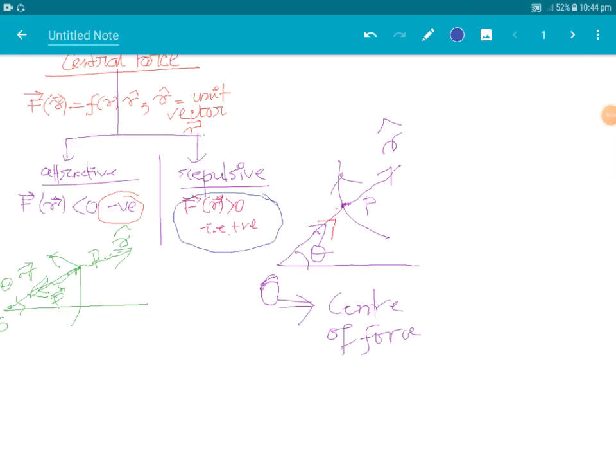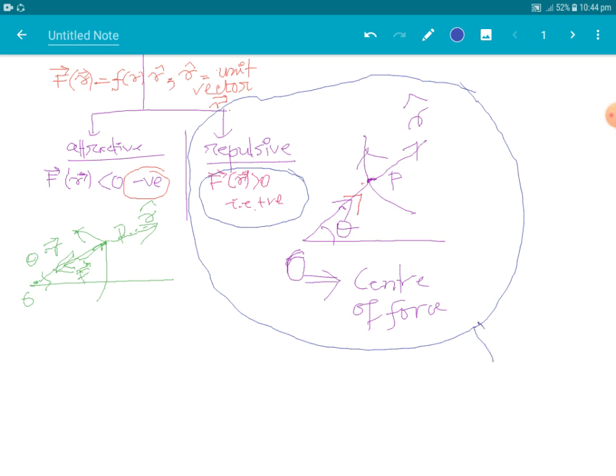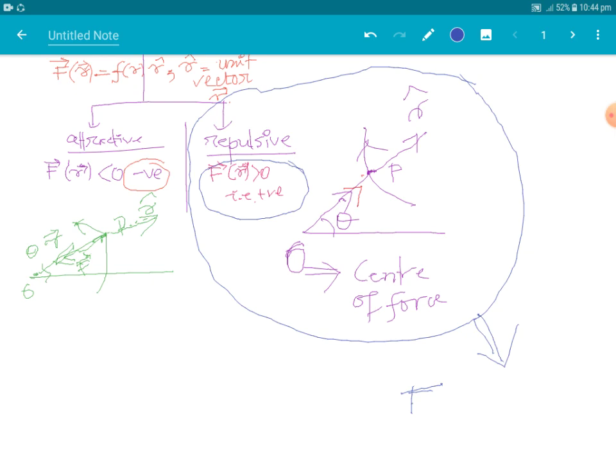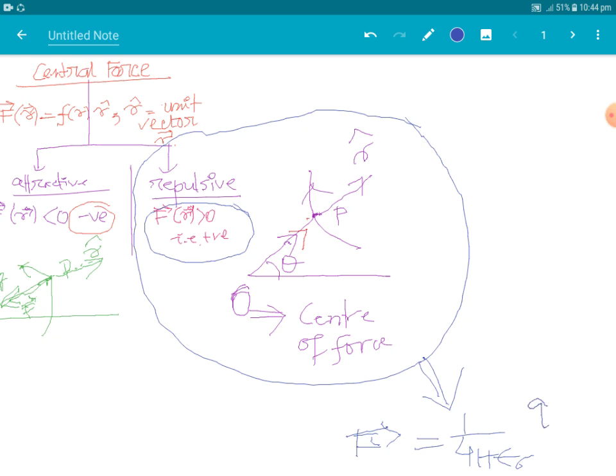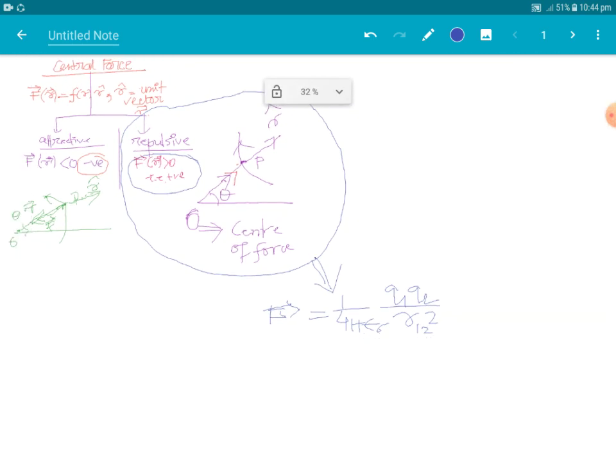Now an example of this kind of force is the electrostatic force, which is defined according to Coulomb's law as F equals 1 by 4 pi epsilon naught, q1 q2 by r12 square into r12 cap.